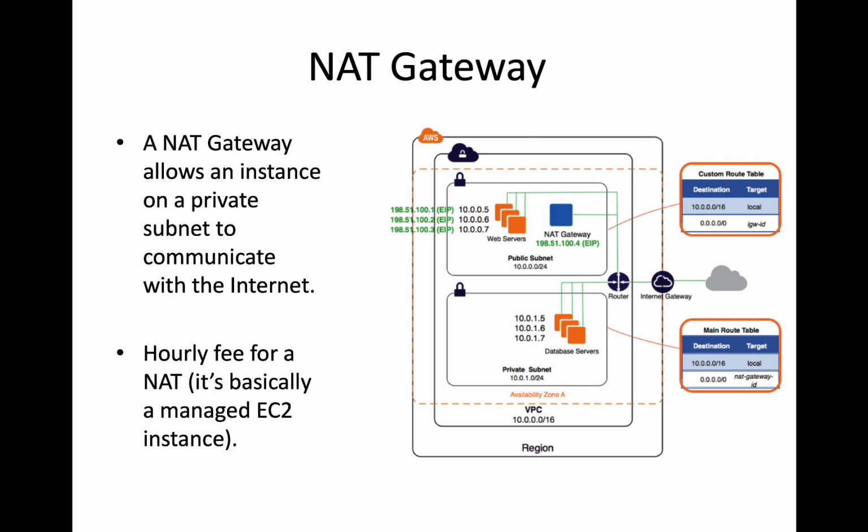It will not allow you to route incoming traffic that's destined for that database server, which is a good security mechanism, right? You wouldn't want people to be able to access your private database servers by just simply initiating requests to NAT gateways. The NAT gateway will not forward that request that it receives from you to a private EC2 instance.